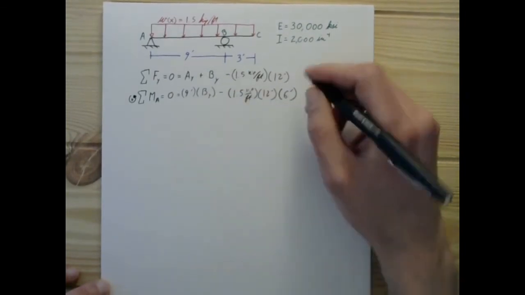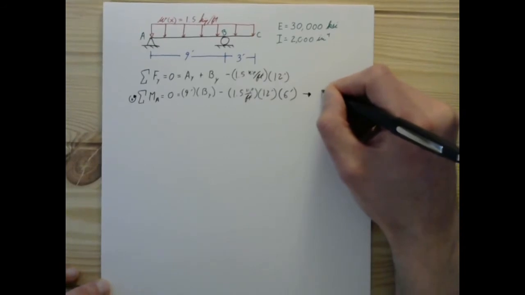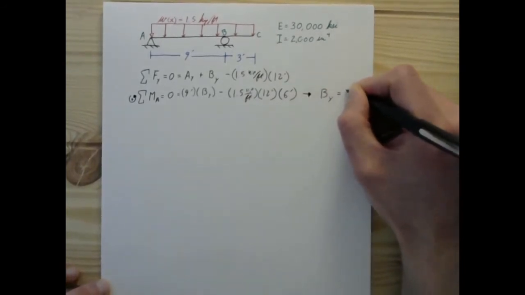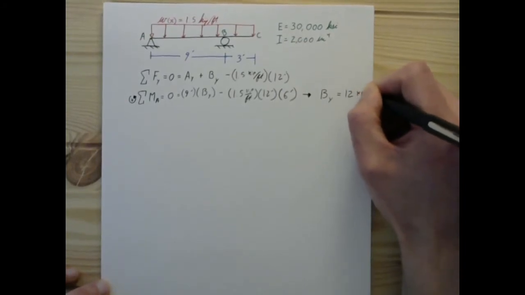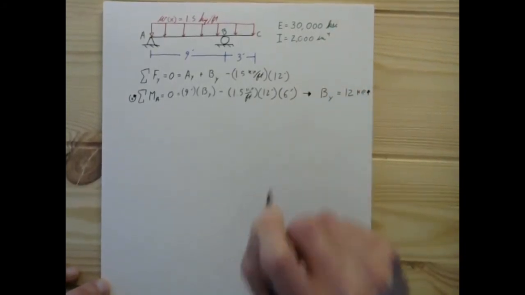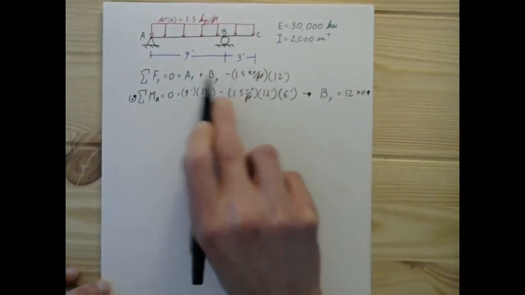We've only got one unknown in this equation, so if we just solve it out, that's going to tell us immediately that the reaction at B in the y direction is going to be 12 kips up. And now that we've got that, we can plug that right back in there.